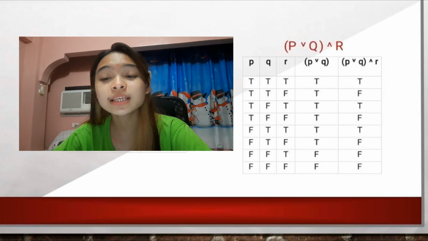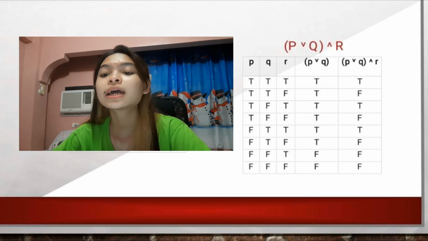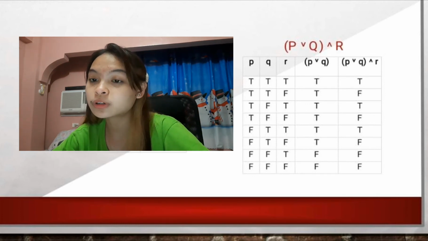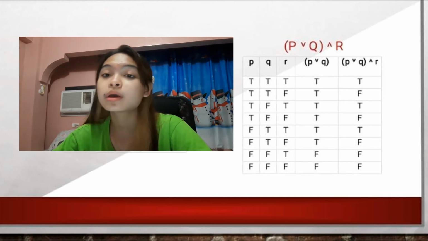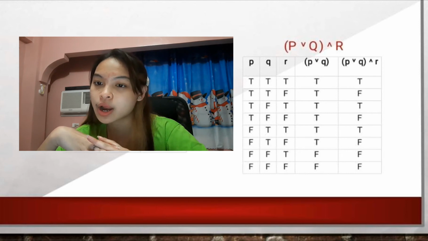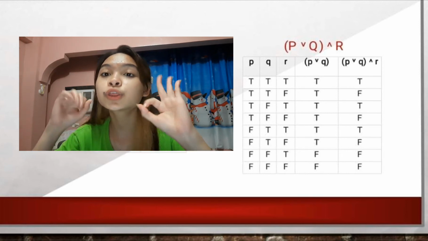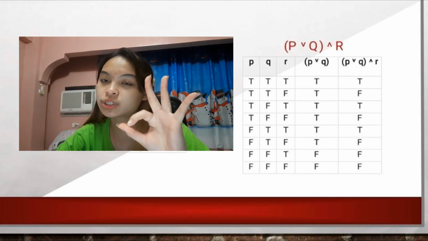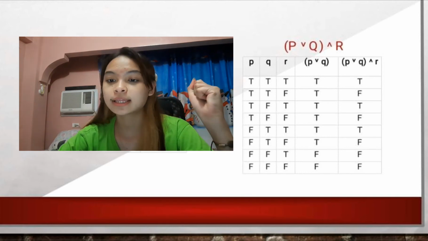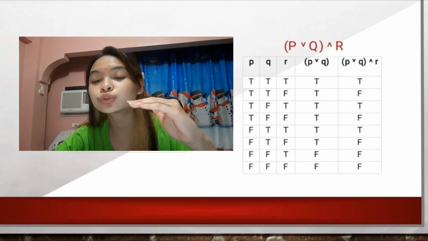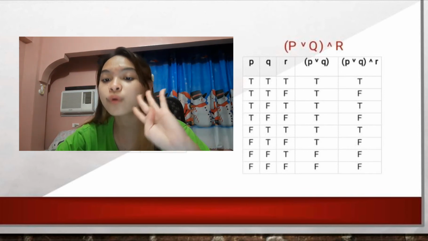Last but not the least of the examples is the symbol of P or Q and R. So we have three propositions. So 2 to the power of 3 is 8. So you will start with 4 T's and 4 F's.